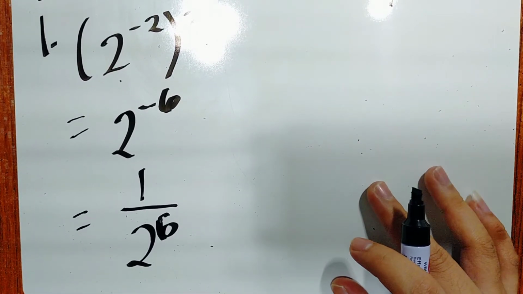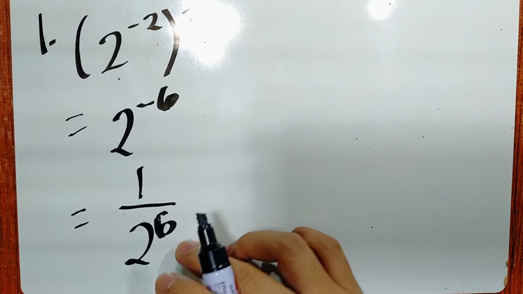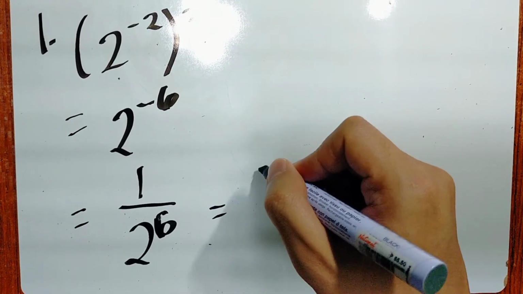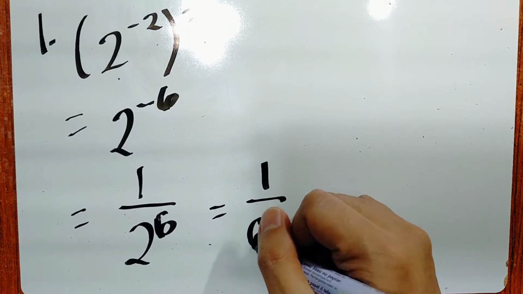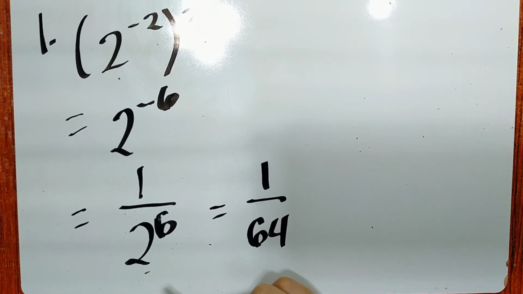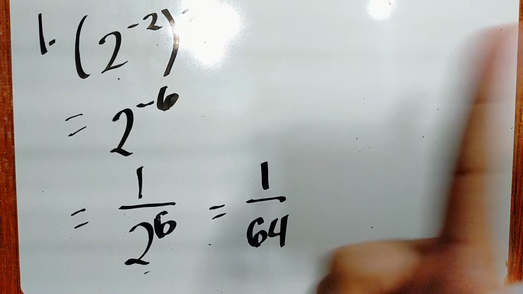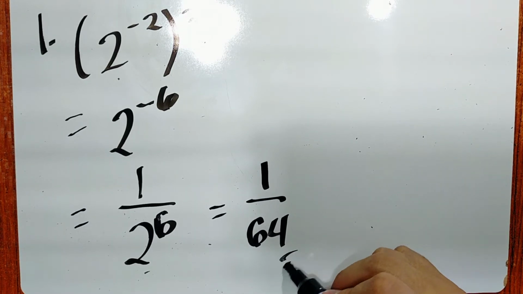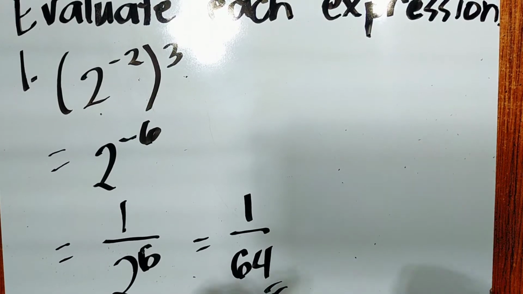Naging positive na siya. Okay? And i-evaluate natin itong given, which is 1 over 2 raised to 6. The answer is 64. You have to multiply 2 six times. 2 times 2 times 2 times 2 times 2 times 2. And you will get 64. Okay? That is for number 1 example.